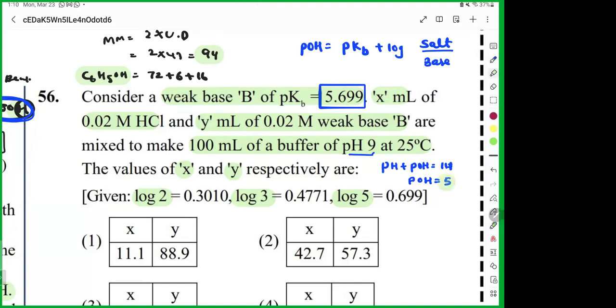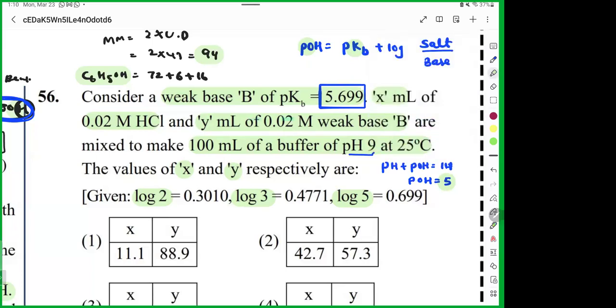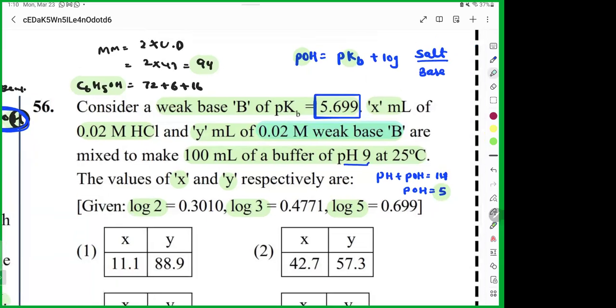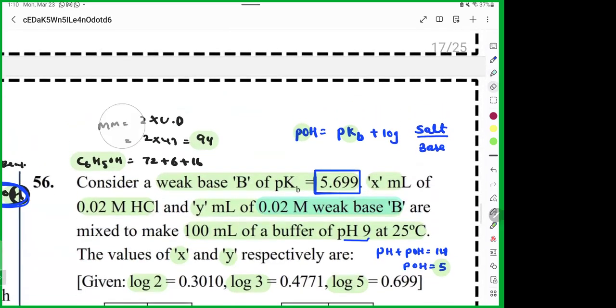So we have the pOH value, we have the pKb value, we have the weak base, and the weak base molarity is given, correct? So based on that, can you calculate the value? In this case, how to do it?